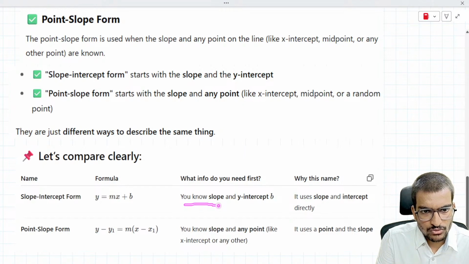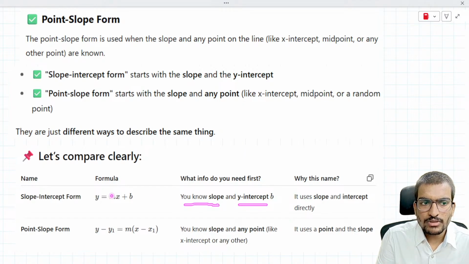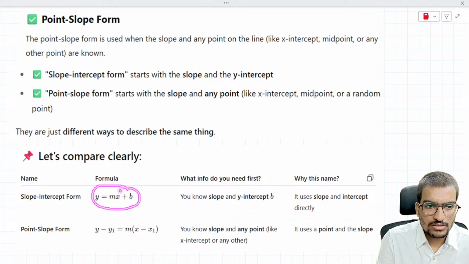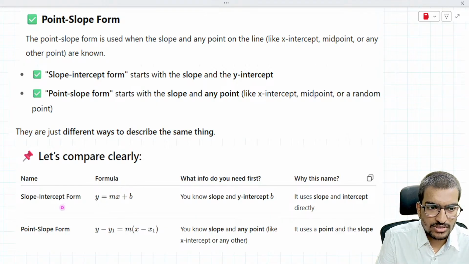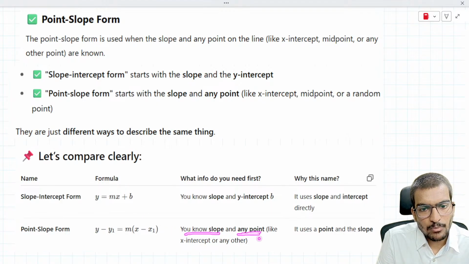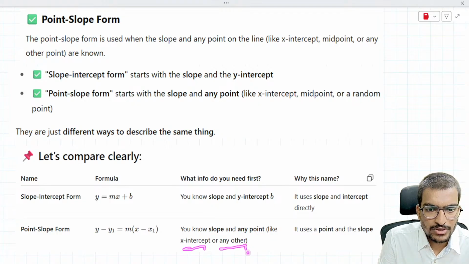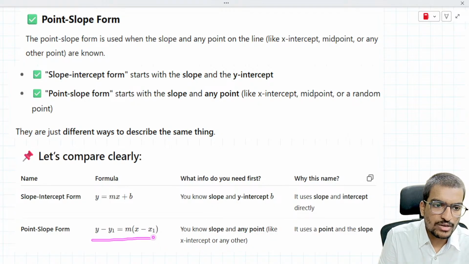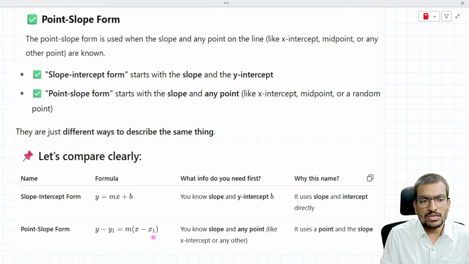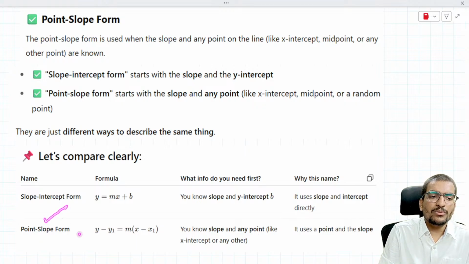When you know the slope and the y-intercept, the fastest way to get the line equation is using slope intercept form. But if you know the slope and any point, not the y-intercept, it may be an x-intercept, it may be another point, then use y minus y1 equals m into x minus x1 to get the line equation, point slope form.